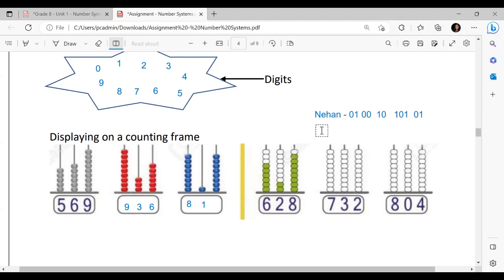So to do a particular task, this is the code in binary. So like that, in decimal, like when we are having something back to ourselves.